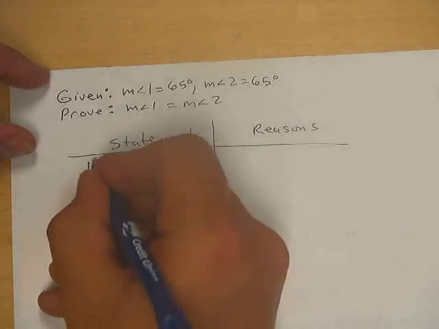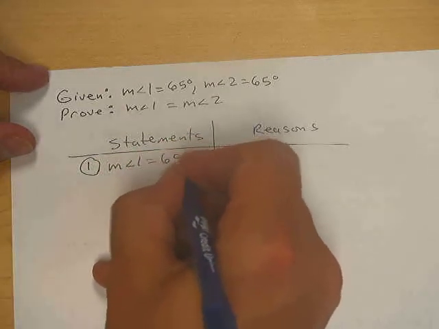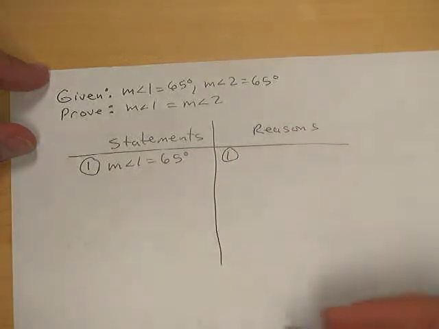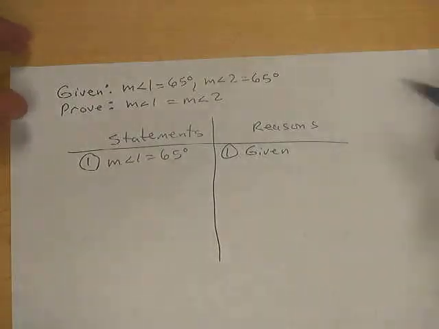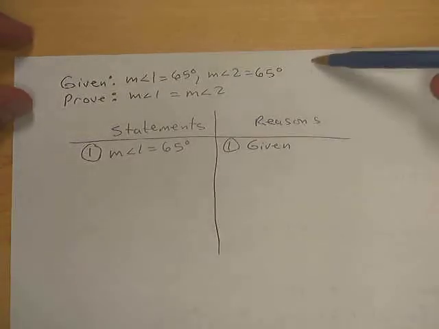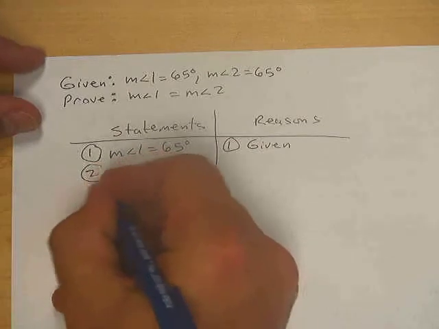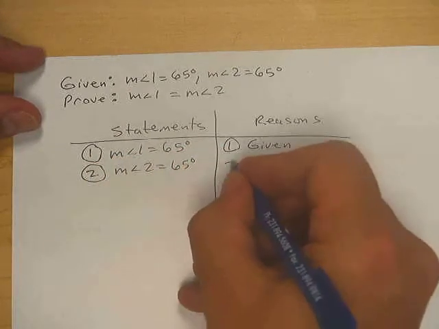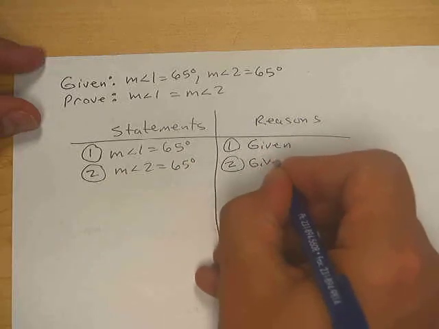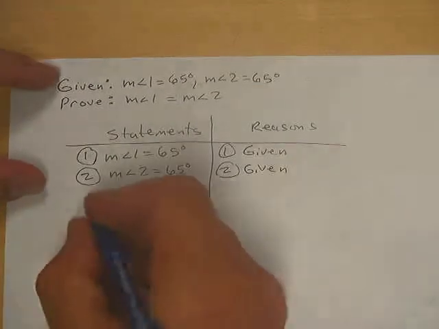Some of these are obvious, but first things first, number 1, we're going to write the measure of angle 1 equals 65 degrees. And the reason for that is given. Whenever you have a proof and you start off with something that's in the given statement, it's always given. Number 2, the measure of angle 2 equals 65 degrees. That is also given.